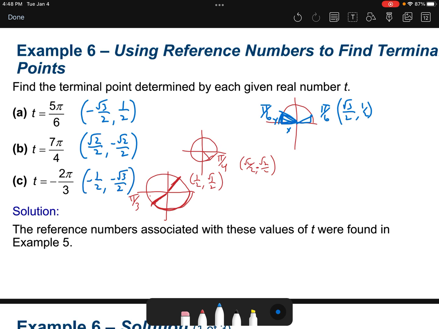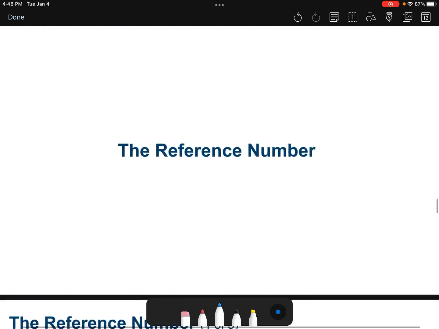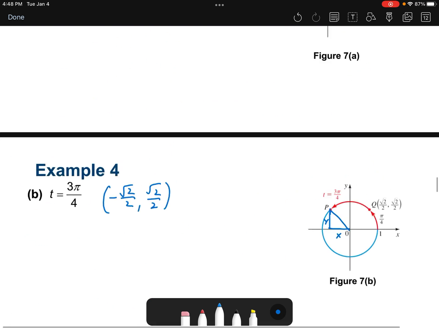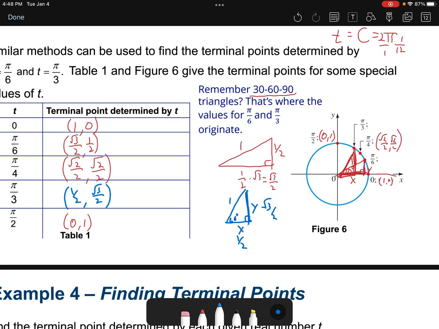And the only way you're going to get these is to practice and memorize those triangles. Once you have the first quadrant memorized, it becomes so easy. If you have this memorized right here, oops, I didn't write those in, did I? That's radical 3 over 2, 1/2.